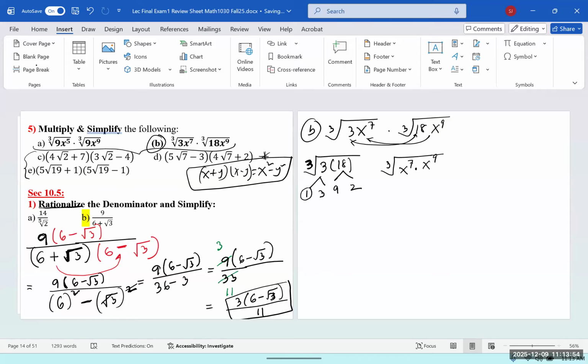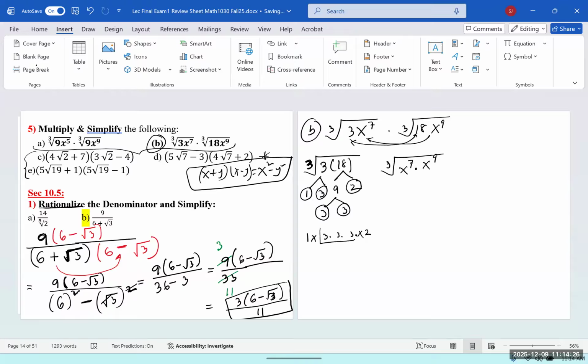Now 1 we cannot reduce anymore, 3 we cannot reduce anymore, 2 we cannot reduce anymore. However, the 9 is more reducible. It's 3 times 3. And now we cannot reduce them anymore. So 3 times 18 is 1 times 3 times 3 times 3 and then times 2.